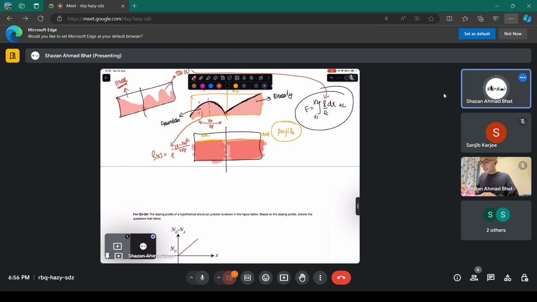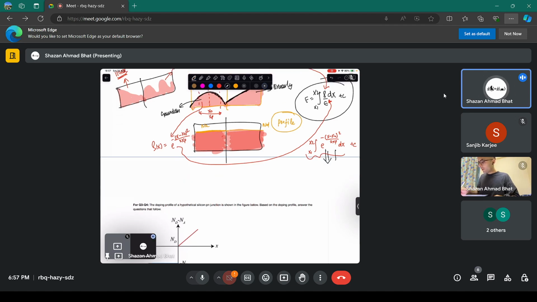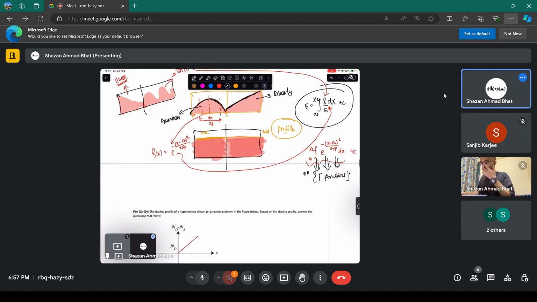You need to put this rho of x function here and solve this integral, from x1 to x2, e to the power minus x naught square over 2xp dx plus c. You better know how to solve it, and how you solve it is your headache. There are certain functions, such as gamma functions, which you can use mathematically. Now it all boils down to how good you are at mathematics, and maybe such questions may appear in the examination as well. I don't know.